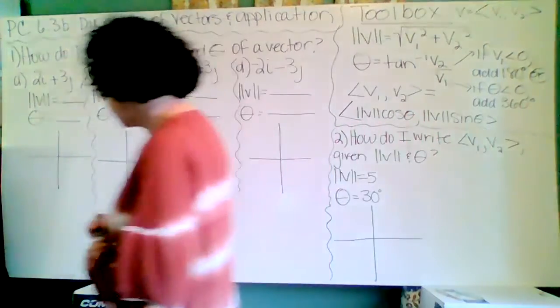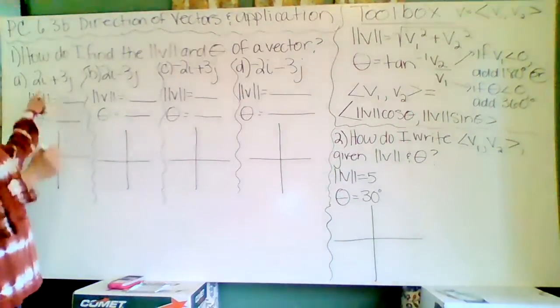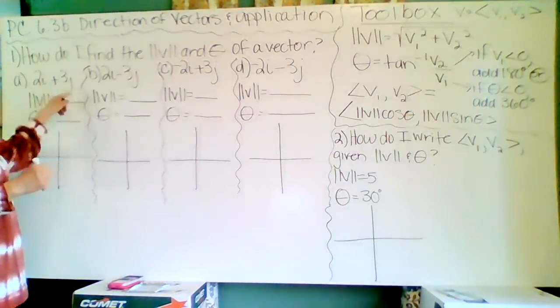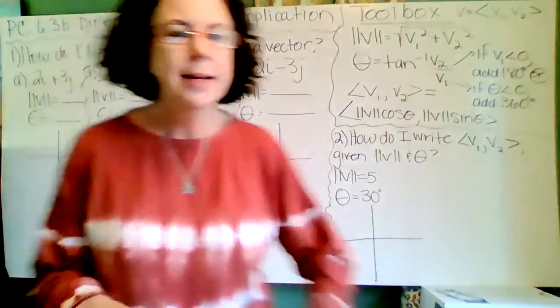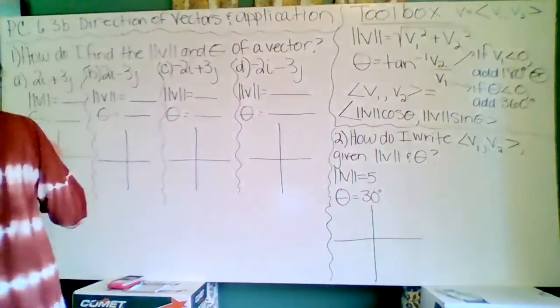The magnitude would be: we square the 2, square the 3, add them up and take the square root. That would be 4 plus 9, 13, square root of 13.